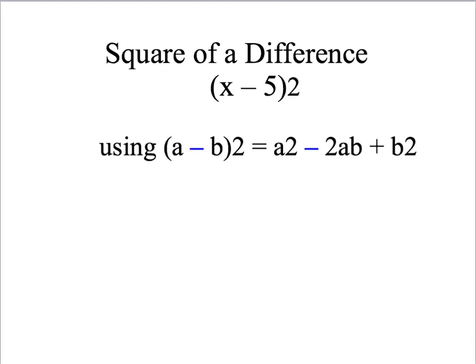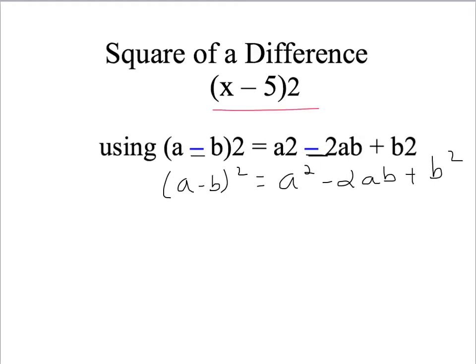So we can also use this for the square of a difference. The only thing that's going to change here is that whenever you have a minus b, you change to minus 2ab. Let me rewrite this: (a - b) squared is equal to a squared minus 2ab plus b squared. So plugging in (x - 5) squared, a really is x.